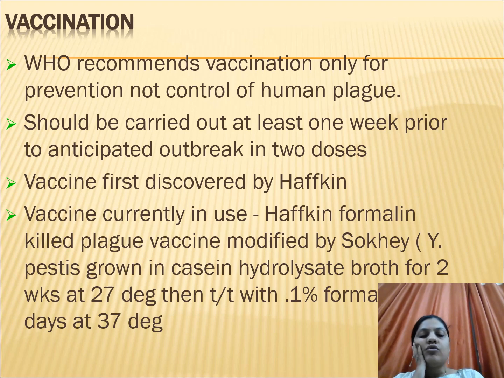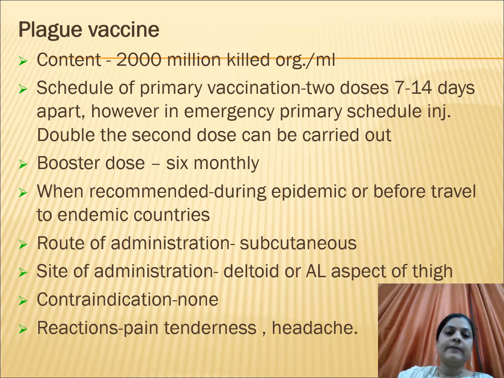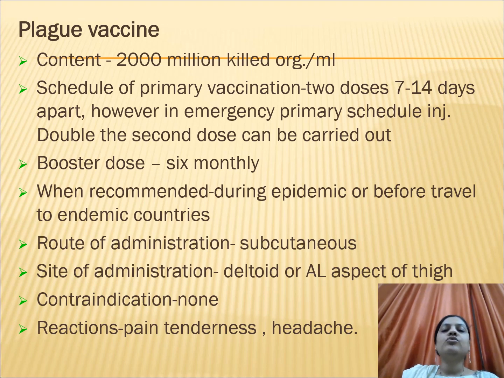Yersinia pestis grown in the casein hydrolysate broth for 2 weeks at 27 degrees and then treated with 1% formalin. Now it contains almost 2000 million killed organisms per ml. The schedule of primary vaccination is 2 doses 7 to 14 days apart.